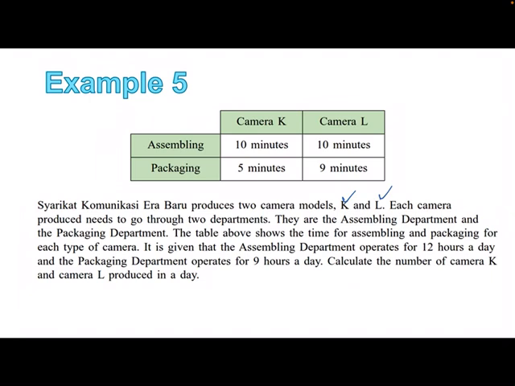The assembling department operates for 12 hours a day and the packaging department operates for 9 hours a day. Calculate the number of cameras K and L produced in a day.